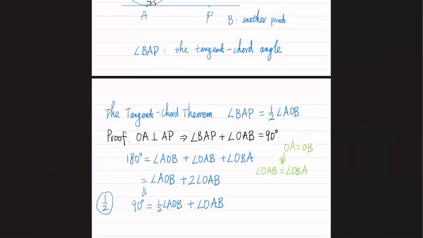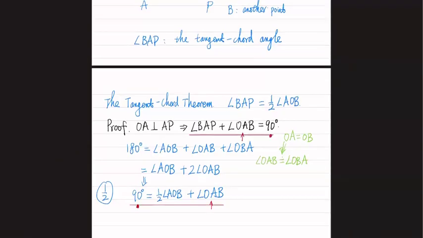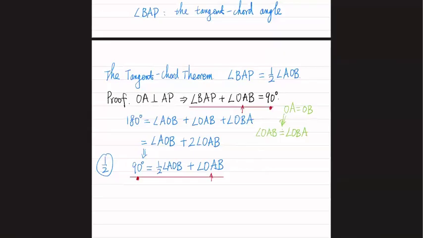Okay, so we check this one with this one. A common term. 90 degrees, 90 degrees. Therefore, angle BAP is half of AOB.